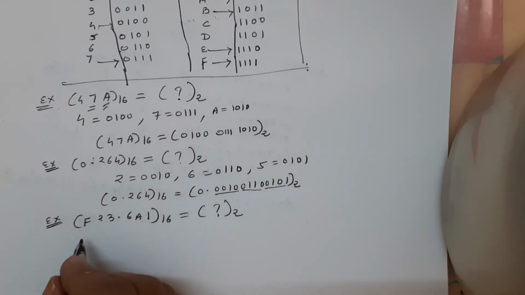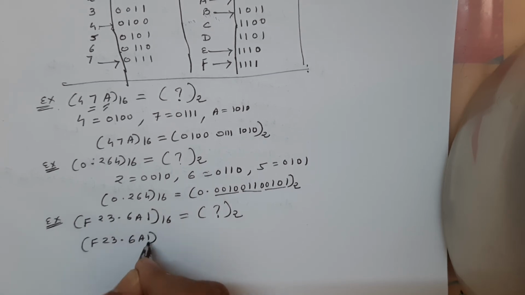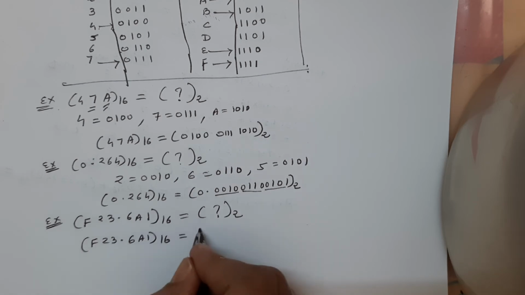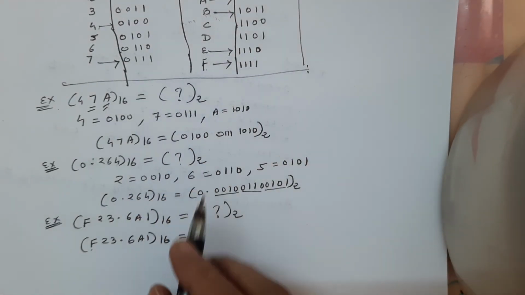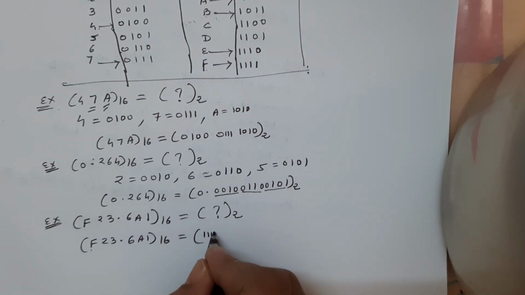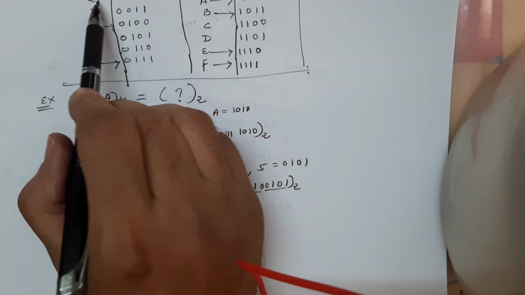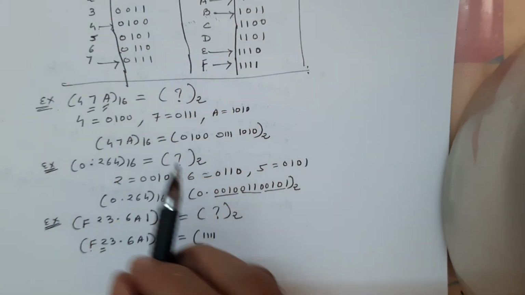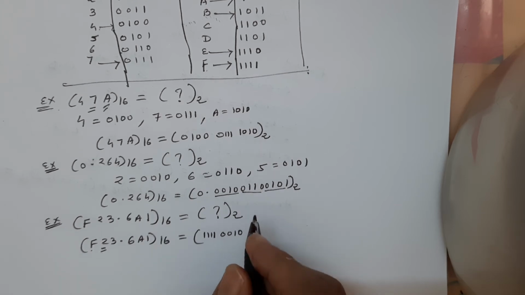I write down directly. F23.6A1 base 16 is equal to F, F means 1111, so I write down 1111. 2 means 0010, so I write down 0010.